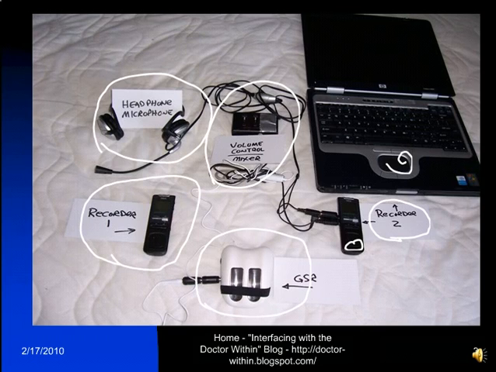Recorder number 1 is sometimes used, particularly for guided imagery. One of the most important things in this whole thing is to have recorder number 2. Recorder number 2 can be a recorder as shown here, or it can be a PC as shown here.